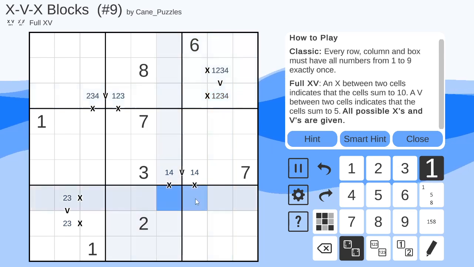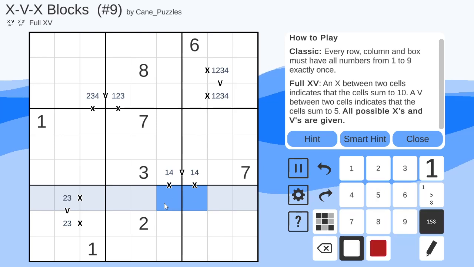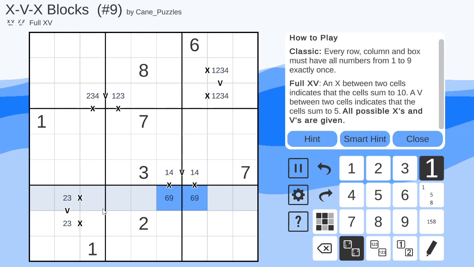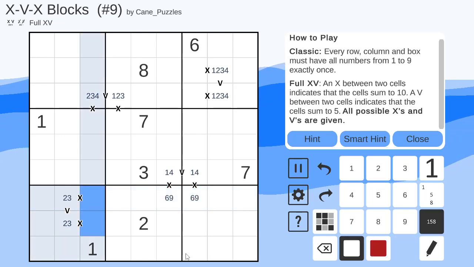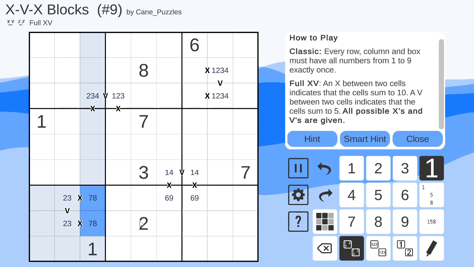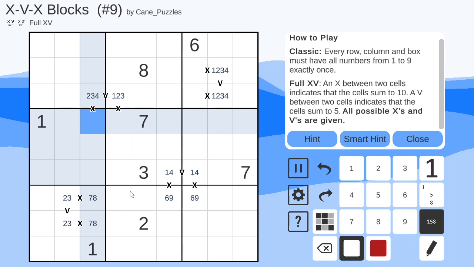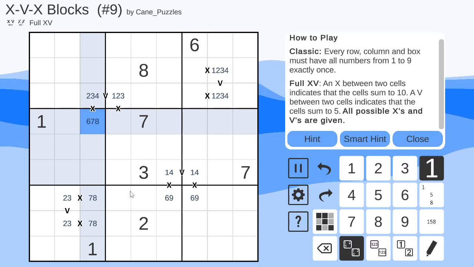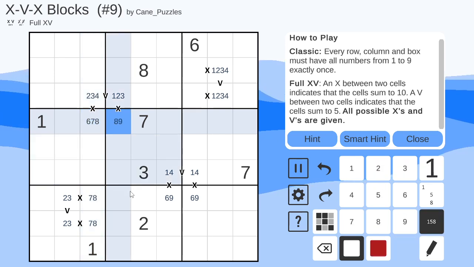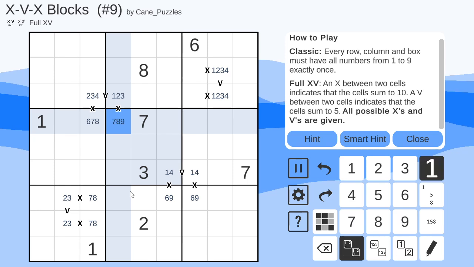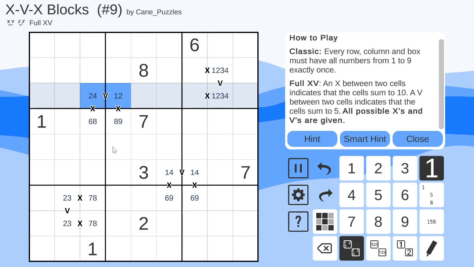So looking at that, right here, this is a 6 and a 9. This is a 7 or an 8. Then here, well actually, this is an 8-7-6 and a 9-8-7. There's a 7 here. So this can't be a 7, and it can't be a 3.